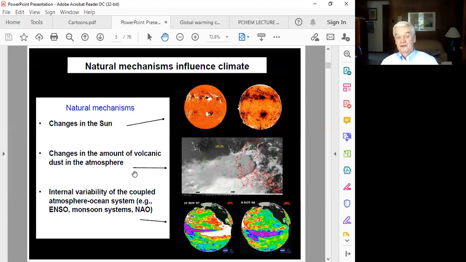Other things you might not think about is volcanic activity. I've forgotten the year now, something like 10 years ago, there was a huge volcano eruption in Indonesia, I believe, and there were particulate clouds all around.